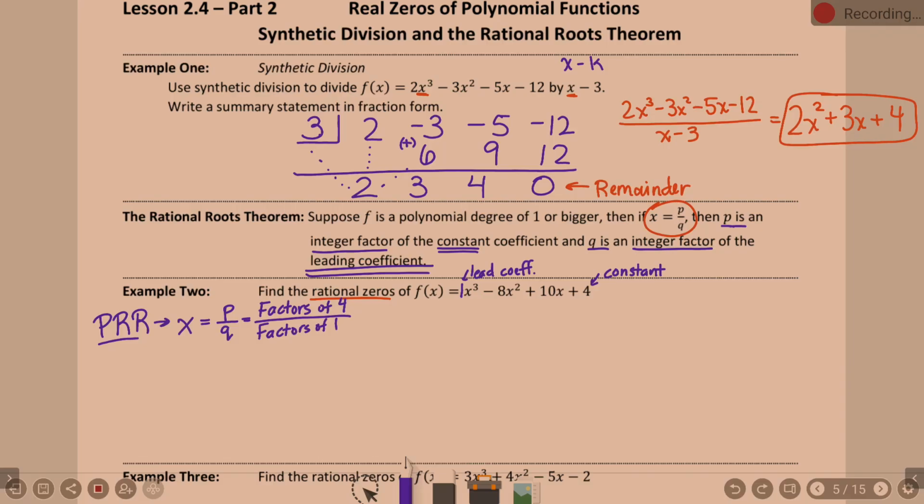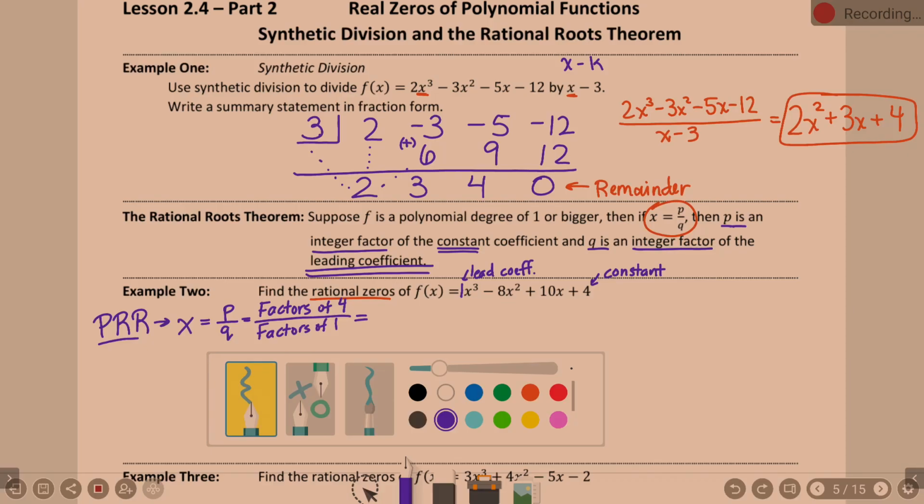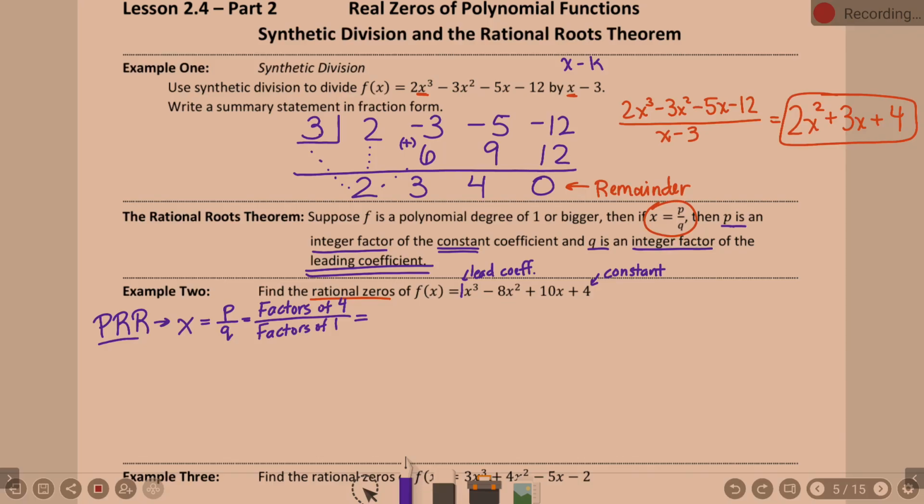What are my factors of 4? 1, 2, 4. So 1 and 4, 2 and 2. When I list this, I'm going to list 1, 2, and 4. Integer factors means we're not just talking about the positives, we're also including the negatives.